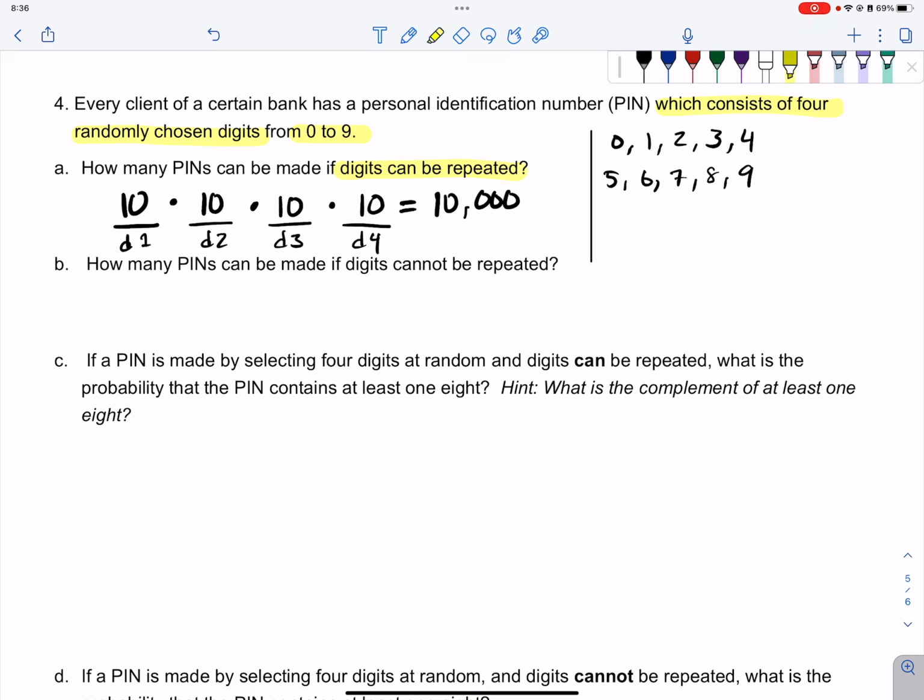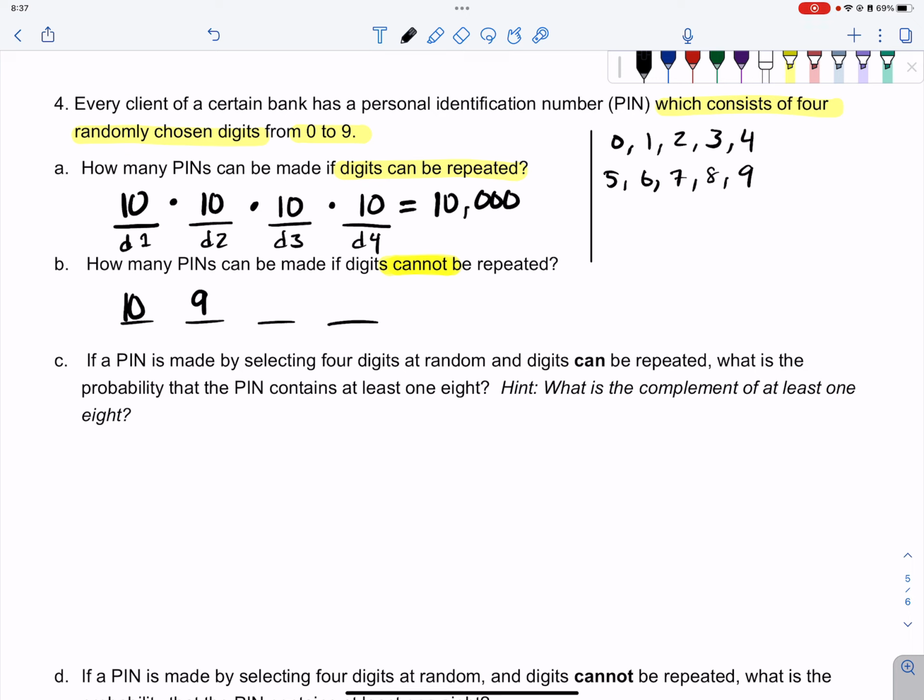The next one, I want to figure out how many PINs can be made if the digits cannot be repeated. So once again, we're going to have our 4 digits of our PIN number, but now we're saying they can't be repeated. So our first digit, we can choose any of the 10 options. But now we have essentially picked one of those 10 options. One of them has been used up. So the second digit cannot be whatever one was chosen.